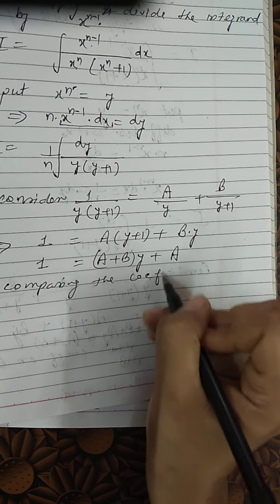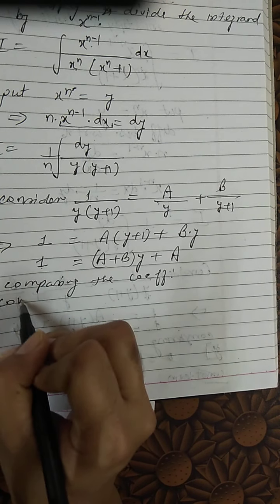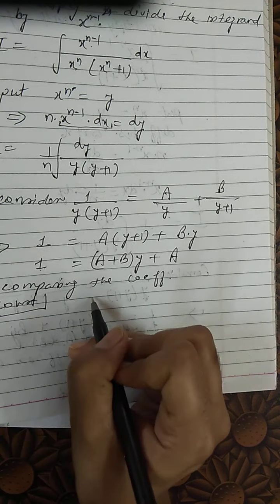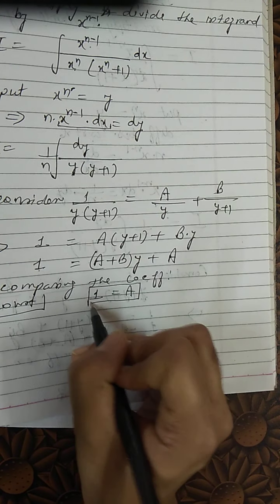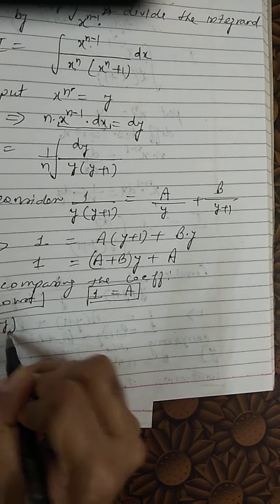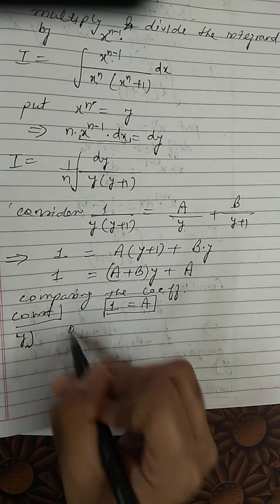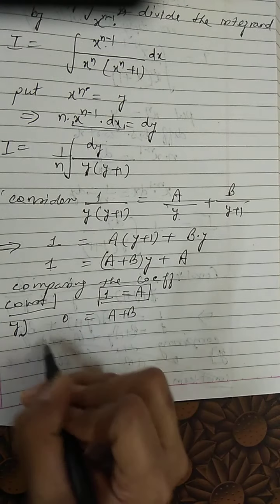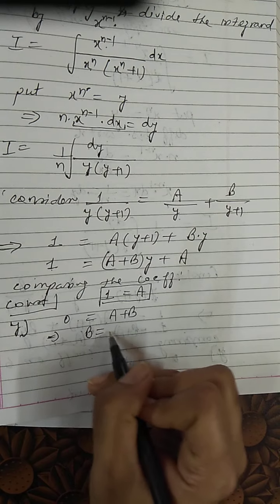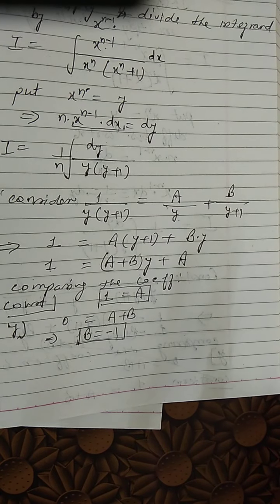Comparing the constant, 1 equals a, so the value of a is 1. Comparing the coefficient of y, the left hand side has no term containing y, so 0 equals a plus b. With a calculated, the value of b will be minus 1. Both values are calculated.